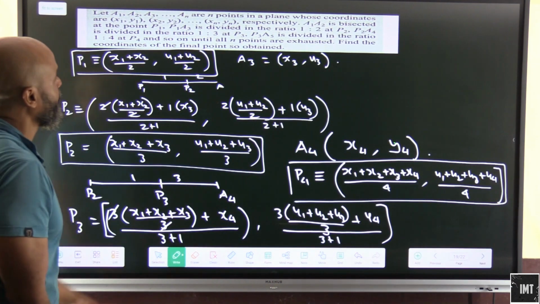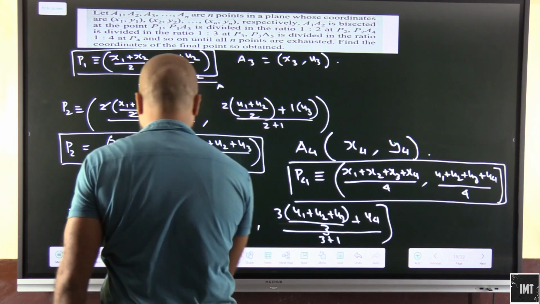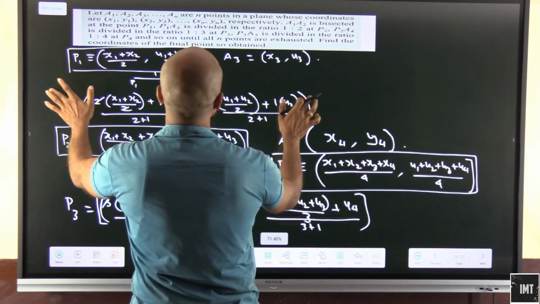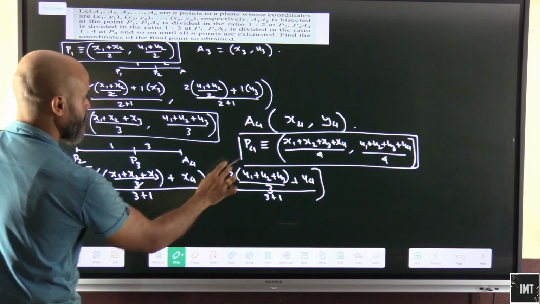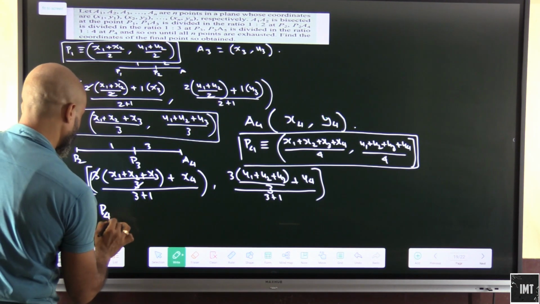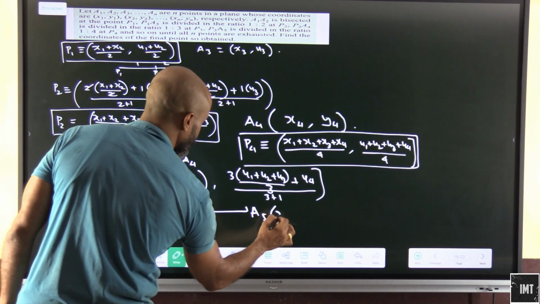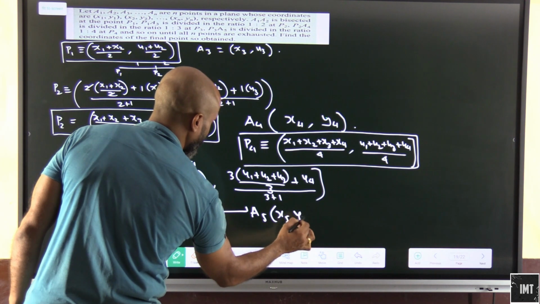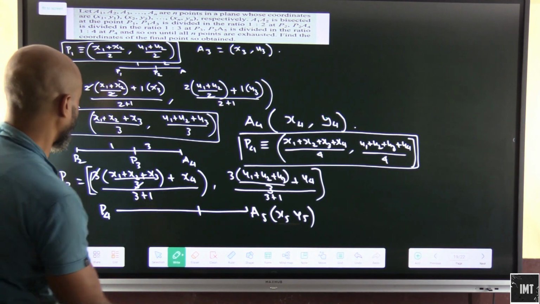Okay, and so on and so forth. So again we have p4 a5 divided in the ratio of 1:4. So now we have p4 and we have a5. a5 will have coordinates x5 and y5. This is divided in the ratio of 1:4.